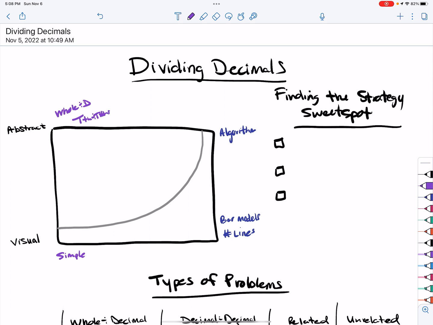And these are places where you're going to be able to use strategies that are solidly conceptual. So what you see in the strategy really very closely models the math.